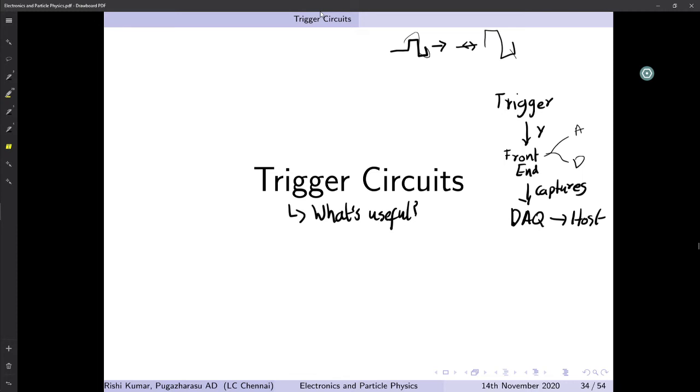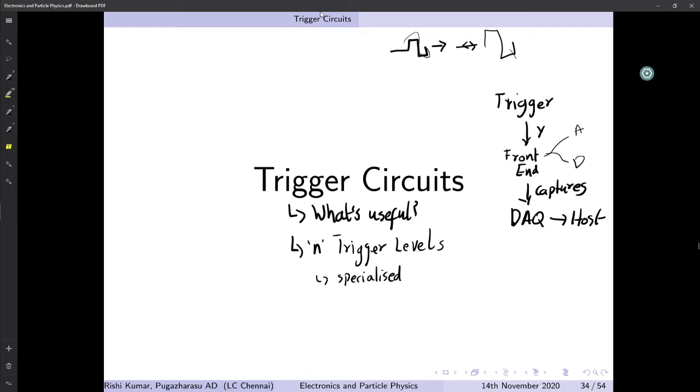So in modern experiments where the event rate can be as high as 40 billion events per second, there is not one trigger level, but there are n trigger levels. And sometimes you can have, as we'll see later on with the ATLAS experiment, specialized trigger levels. These are specialized for each particle and so on.